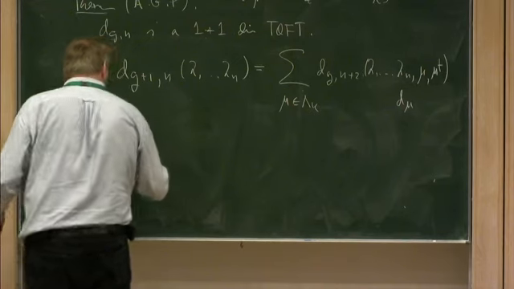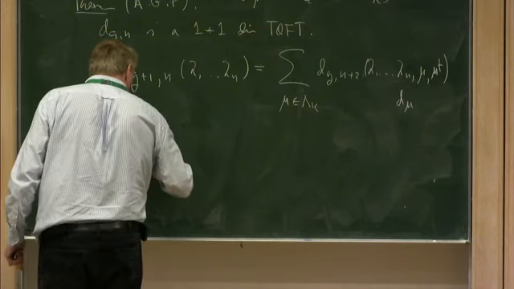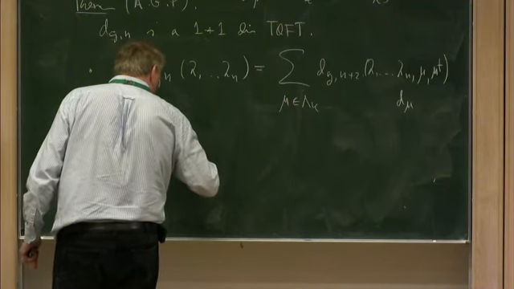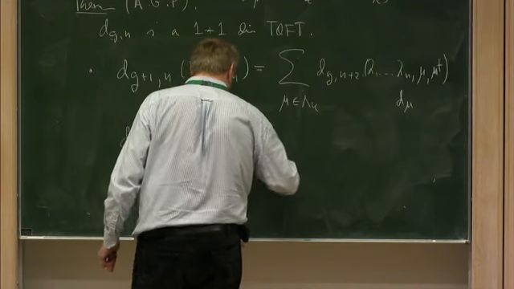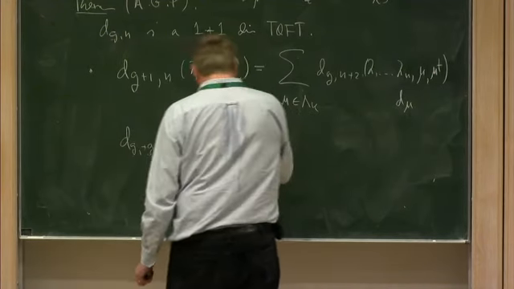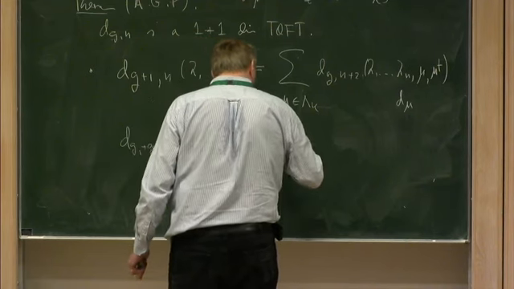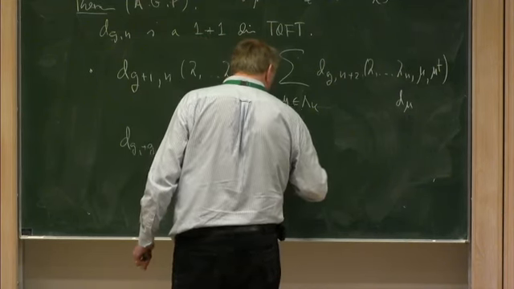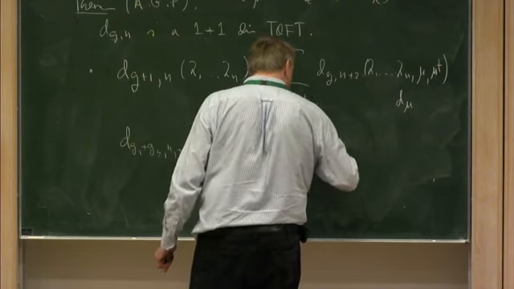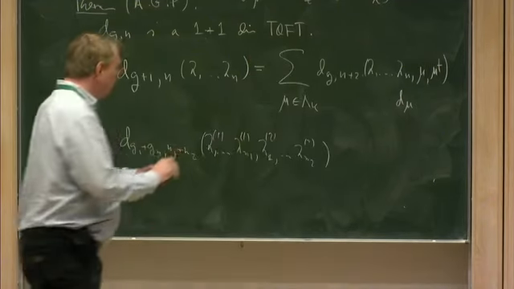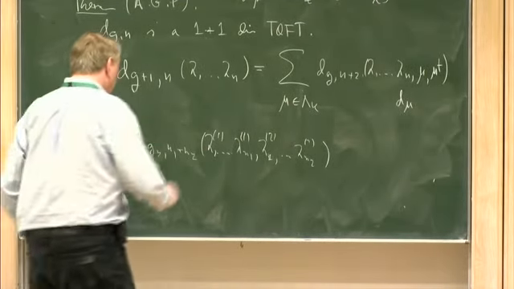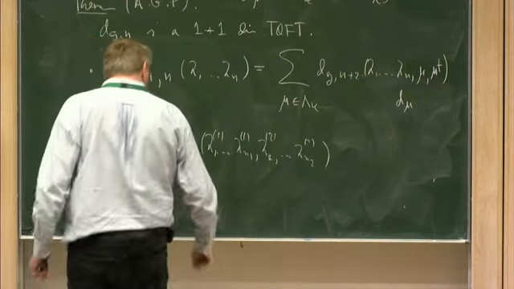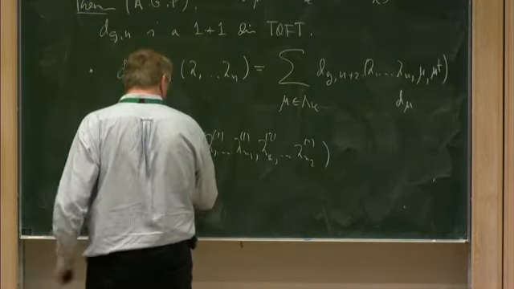And likewise, if I take g1 plus g2, n1 plus n2, with labels λ1 up to λ_{n1} of 1, and λ1 up to λ_{n2} of 2, so now I have in mind that I want to split it so that half of the punctures go to one side, the other half of the punctures go to the other side, and I just split it along a guy that's separating, so the genuses just add.